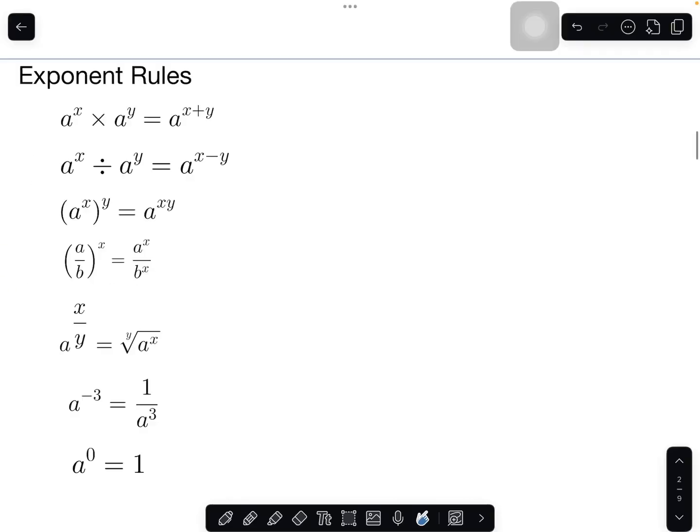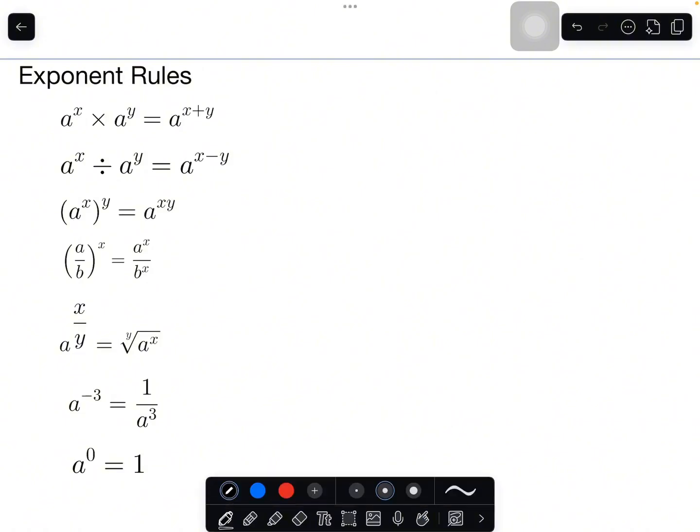Let's get into it. So looking at our exponent rules, our first exponent rule is that when we have a to the power x times a to the power y, we add. So when we have like bases, we add exponents. That would look like, if I had x to the power 2 times x to the power 3, I would then get x to the power 5.